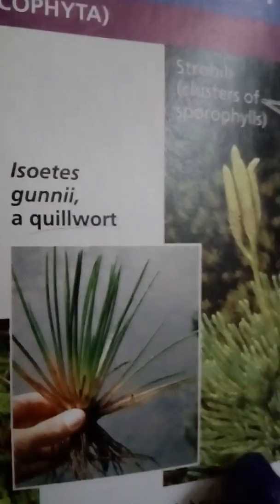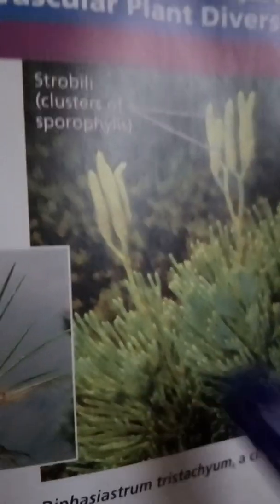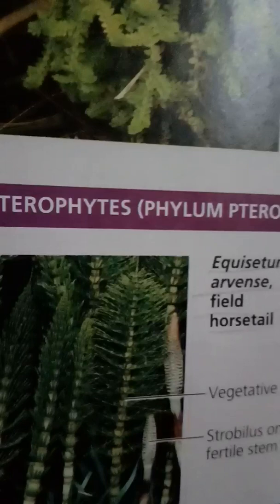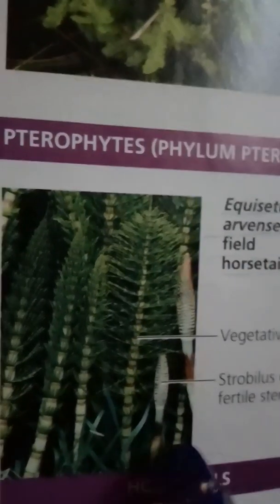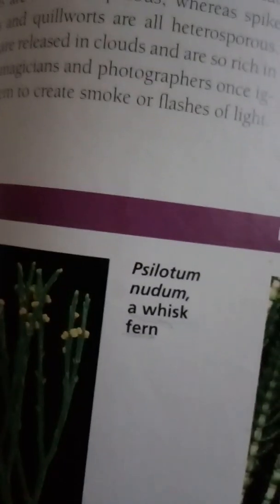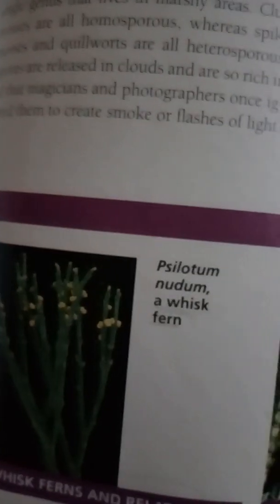Notice also the whisk fern here, with clusters of sporophylls. This one represents a lady fern, and this one, a field horsetail, Equisetum. This represents a vegetative stem and a strobilus on a fertile stem, and this one represents a whisk fern and relatives. Notice the differences between the lady fern and the whisk fern.